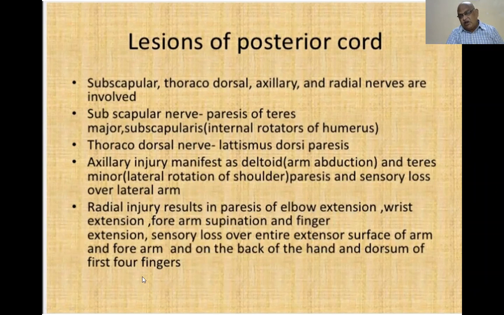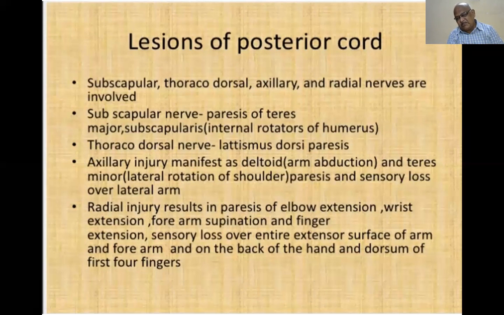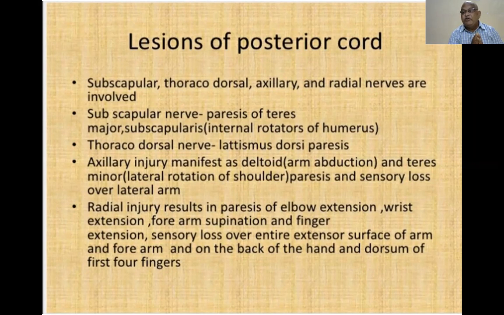So whichever part of the brachial plexus is affected, the muscles supplied by that injured part will lose their function. Paresis, the loss of function, occurs, and domination of the opposite function will occur. Because normal tone is lost, the muscle becomes flaccid, and there is no opposition to the opposite action.